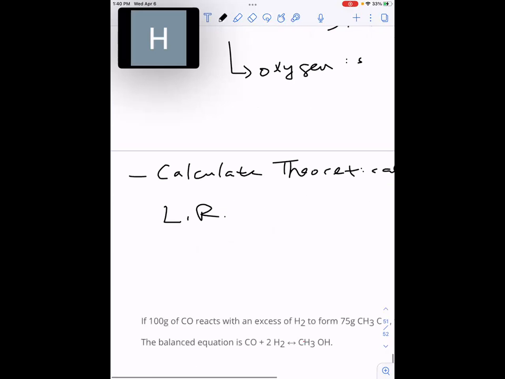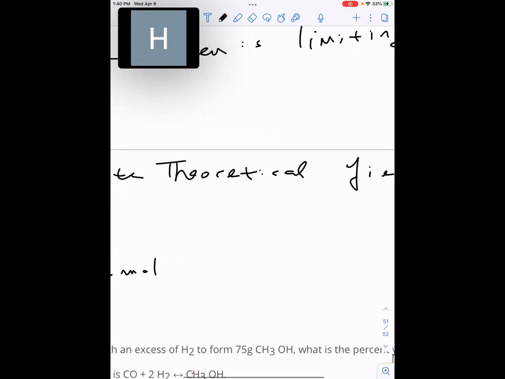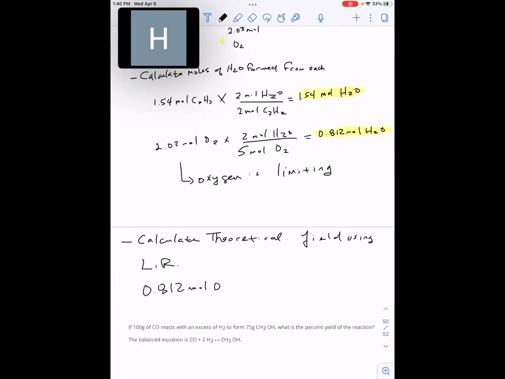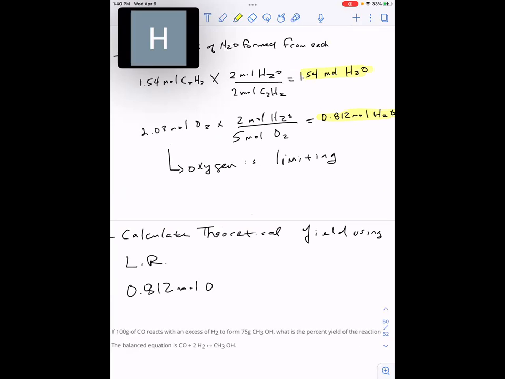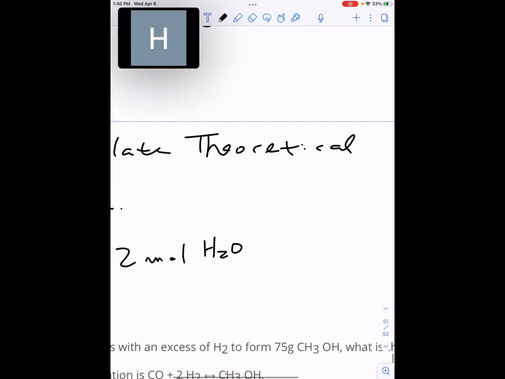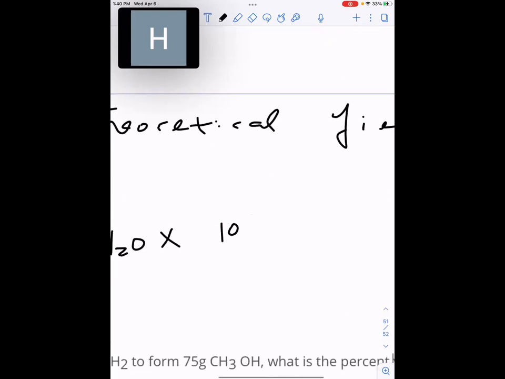So I'm going to say 0.812 moles of O2. Sorry about that, that's H2O times 18 grams per mole, right?